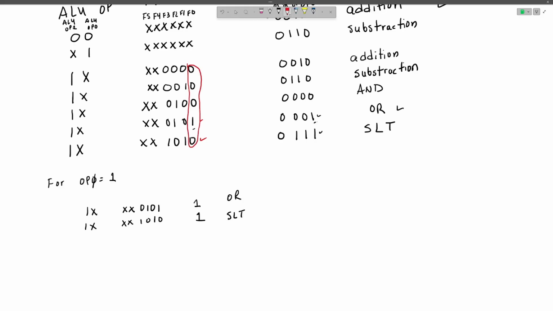So we can say that for the first one, we actually have 1x, and we only care about that one. And then for the other one, we can say the same thing, because if you see, those are zeros.